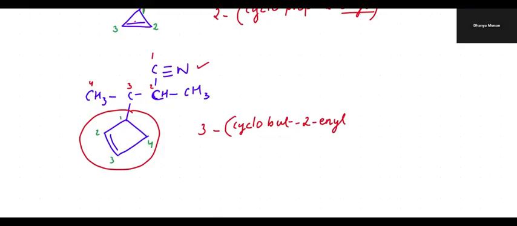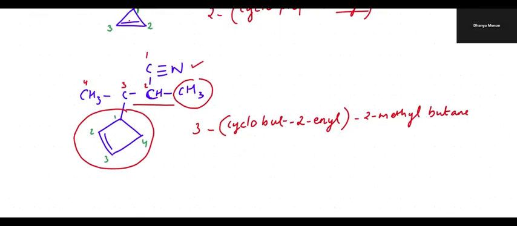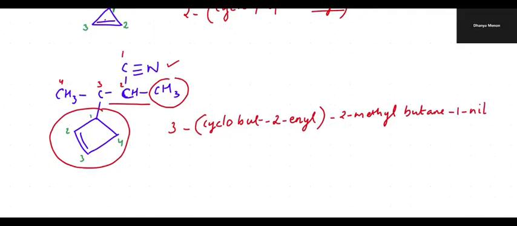Just like methyl, ethyl, because it's a substituent, yl. Now coming back to the main chain, at the second position, I have again a substituent, 2-methyl. Then in the main chain, there are 4 carbon atoms in total. So butane, and at the first position, I have nitrile, butane-1-nitrile. I hope I'm clear here.